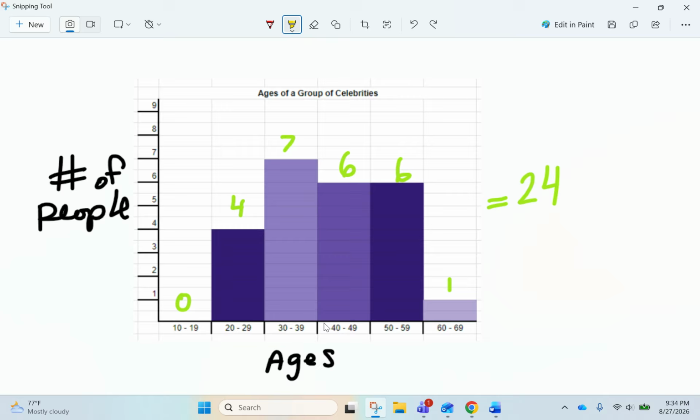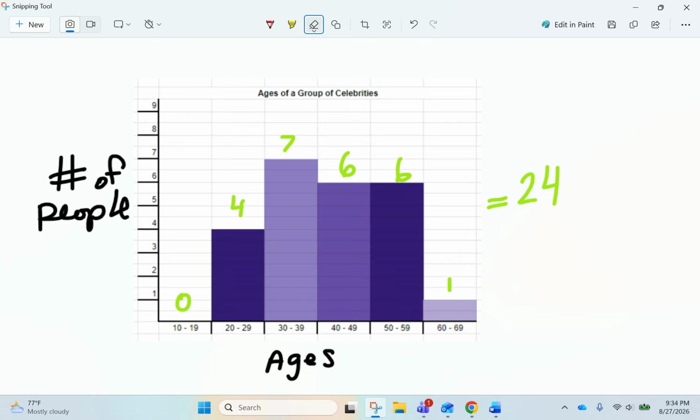So we're really looking at this entire bar and this entire bar, the 50s and the 60s, because these are the people who are older than 40. So you have to add the 6 people in their 40s, the 6 people in their 50s, and this 1 person in their 60s. So there's a total of 6 plus 6 plus 1, that's 13 people who are at least 40.